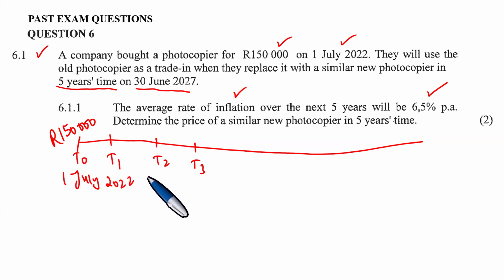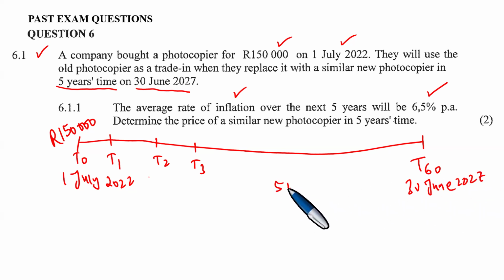They will replace it with a similar new photocopier in 5 years' time, which is exactly the 30th of June 2027. And this gives us 5 years.